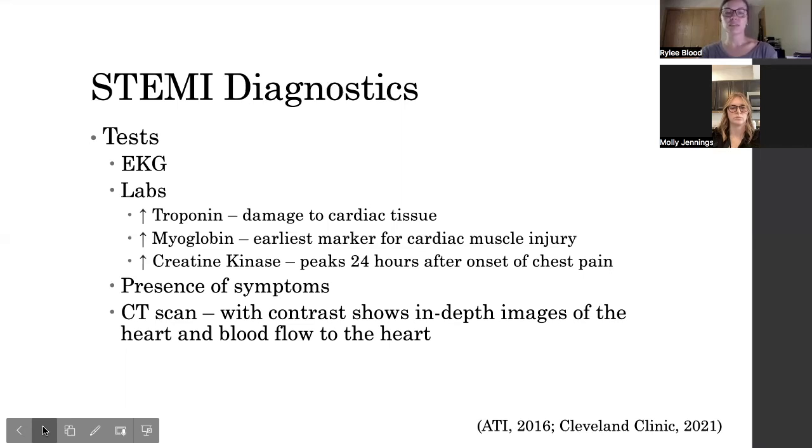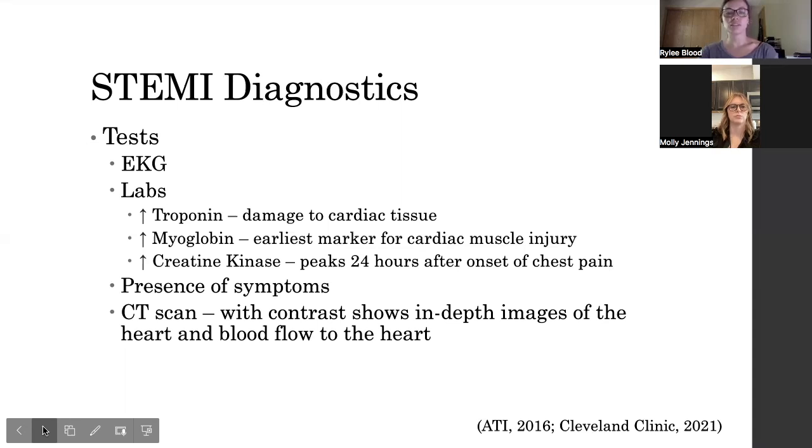And time is tissue with this situation, because if they're not getting adequate perfusion, then more cardiac muscle will die as time continues. And then lastly, a CT scan. This is less common in an acute situation, especially if the EKG is done in a timely manner.